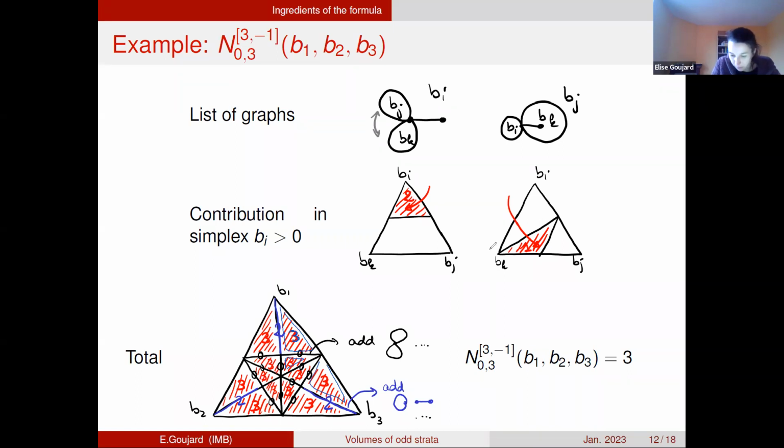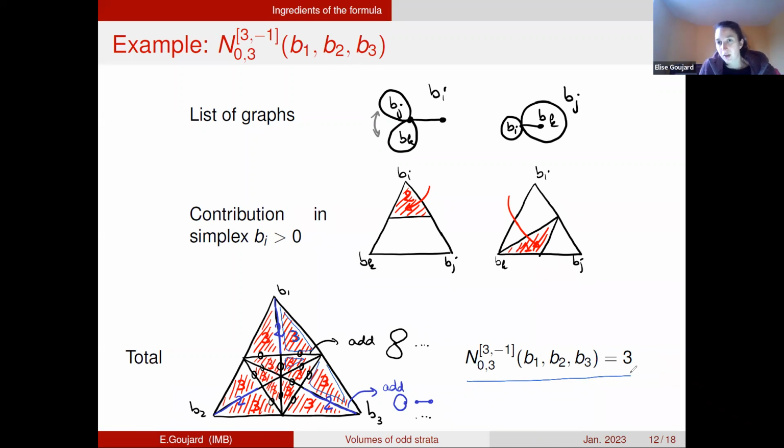I mean, it's basically 2 plus 1. But if you look at the walls, the hyperplanes of equation, for instance, B2 equal B3, here the contribution is not 3, it's 2 or even 0. And what you get when you compute this polynomial is the value in the chamber, which is 3.